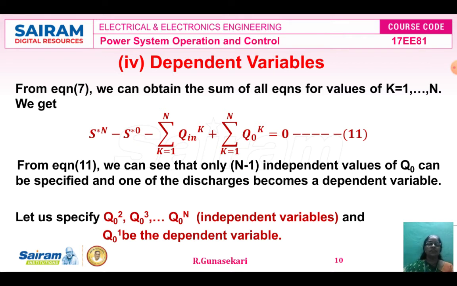It can be specified that one of the discharges becomes a dependent variable. So in the equations Q02, Q03, up to Q0n, that means k is equal to 2, 3, 4 up to n, these variables are called independent variables. But Q01 only is called a dependent variable.